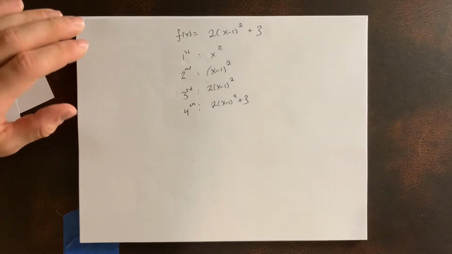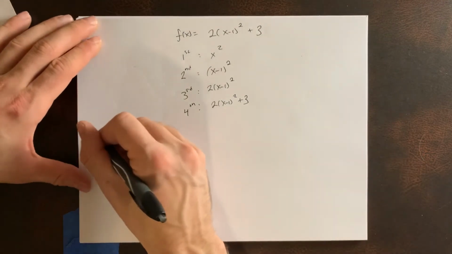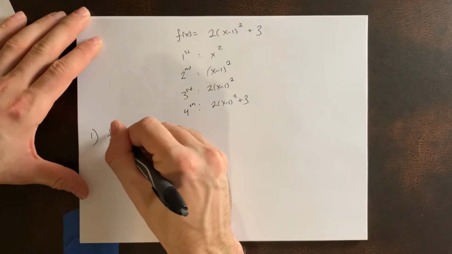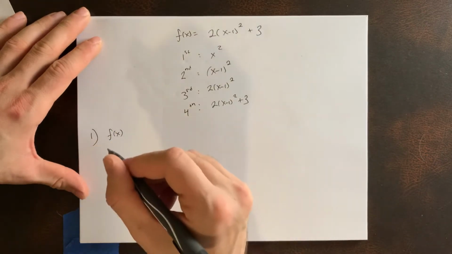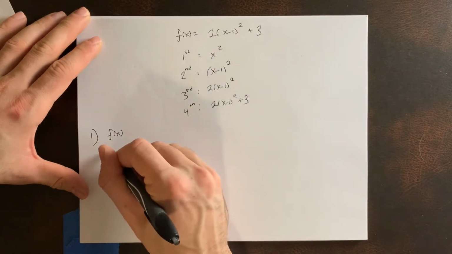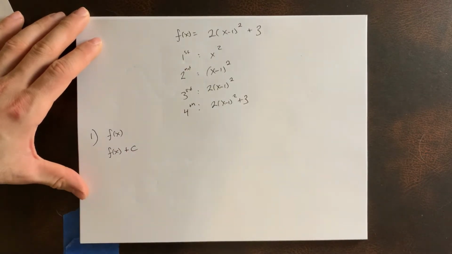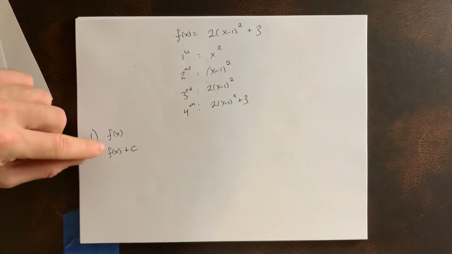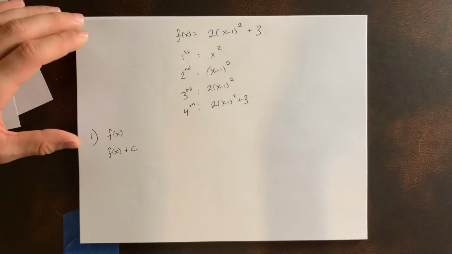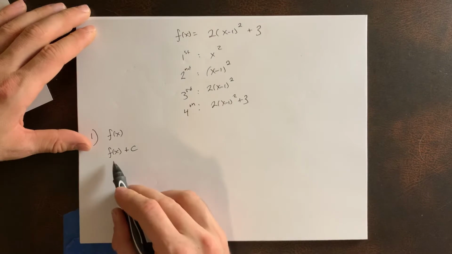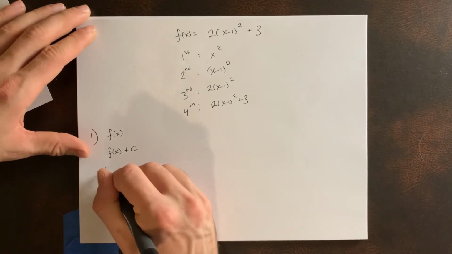Before we get into why that's true, we're just going to start with 3 properties. Let's put the first one over here. Say we have a graph f of x, and what we want now is to find the graph of f of x plus some number c.